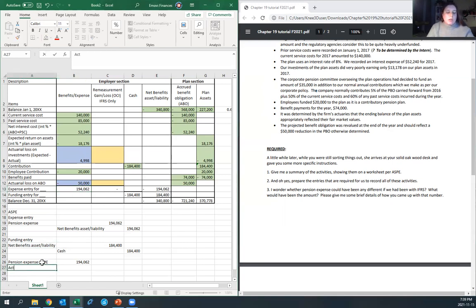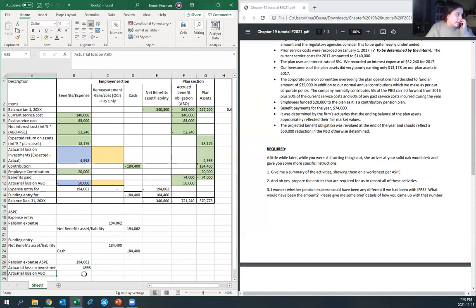So your actuarial loss on ABO, sorry, I have difficulty saying that word. Here it was a debit, so you increase your expense, so you want to reduce it. And then your actuarial loss, oops, no, sorry, this is ABO, this is investment. So investment, your 4,000 here.